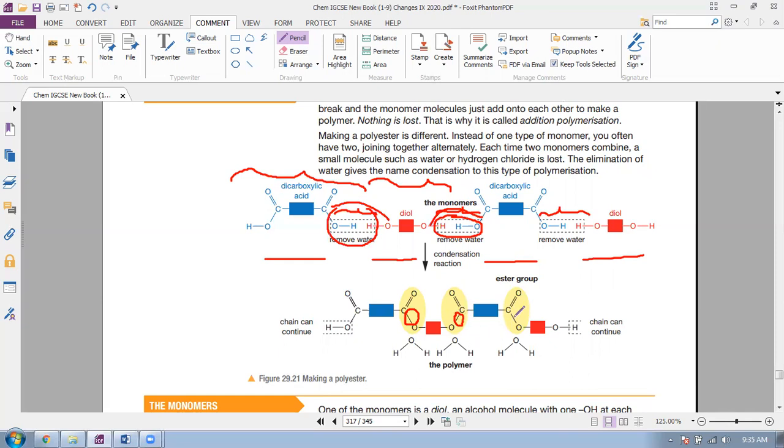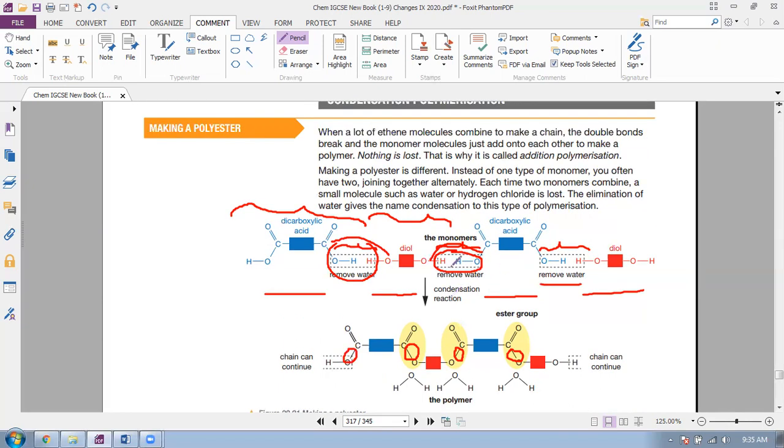So these bonds formed and water molecules are removed from here, this OH and H together form H2O, water. So this is the example of condensation polymerization.